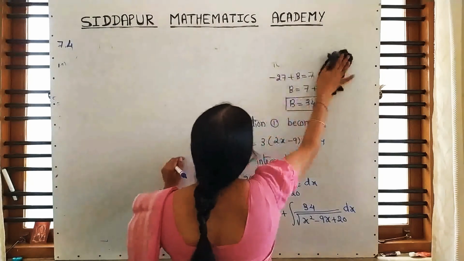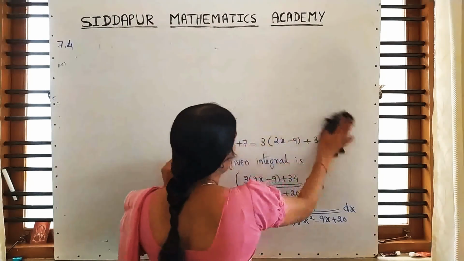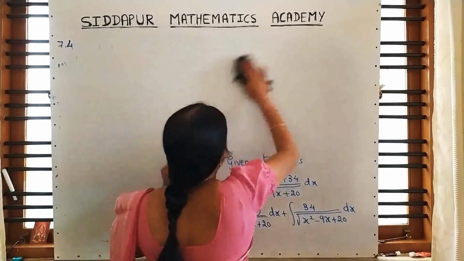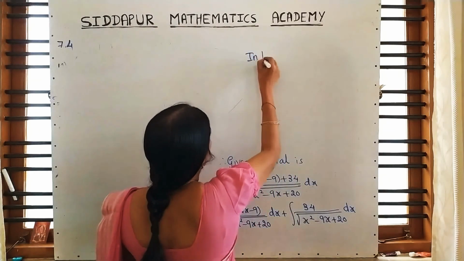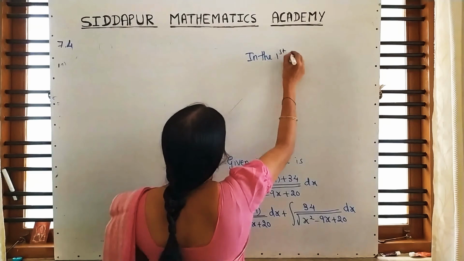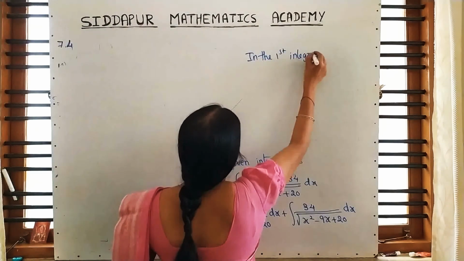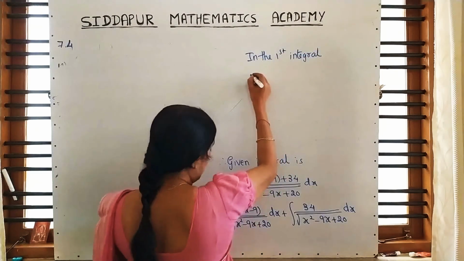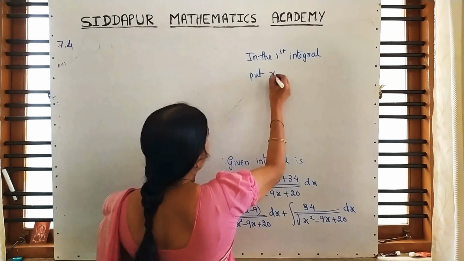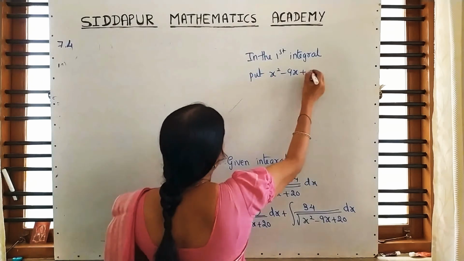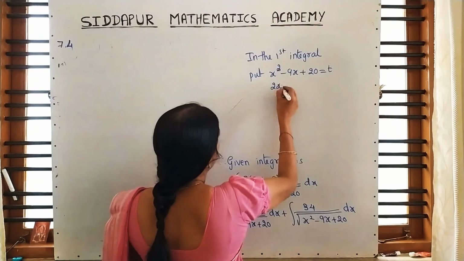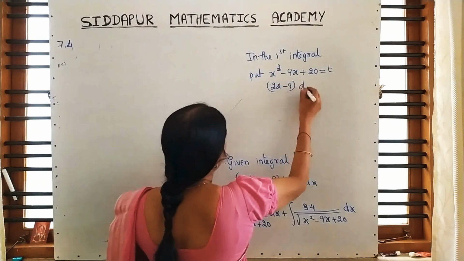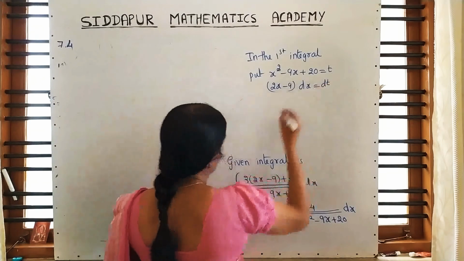Now in the first integral, put the denominator as t. In the first integral, put x square minus 9x plus 20 is equal to t. This is 2x minus 9 into dx is dt.